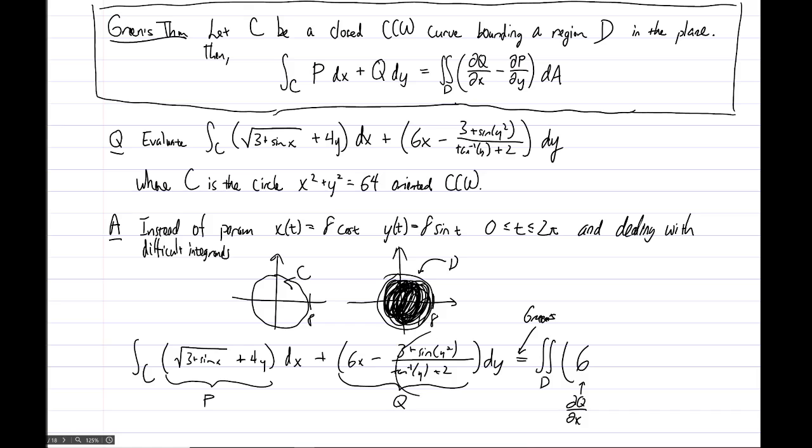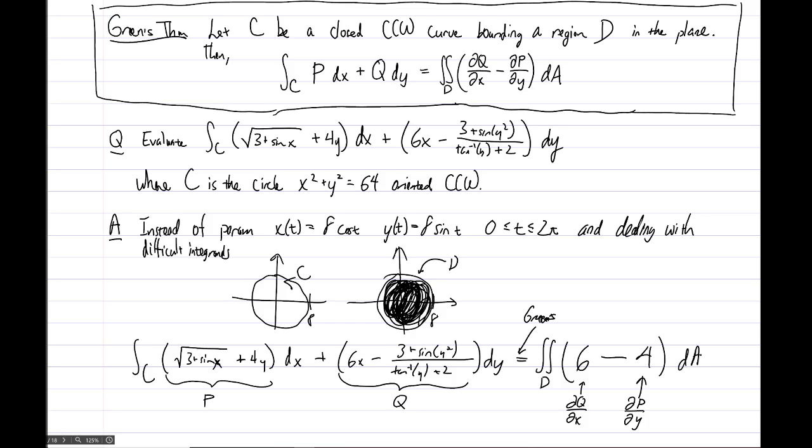The second term here, it's all y's and constants, so the derivative there is 0. Then copy the minus sign that's there in Green's theorem. And then in this next spot, we need the derivative of P with respect to y. So stare at this, there's P, differentiate that with respect to y. The first term differentiates to 0 because there's only x's there. So then 4y differentiates to 4.